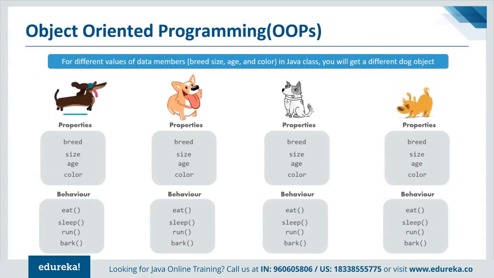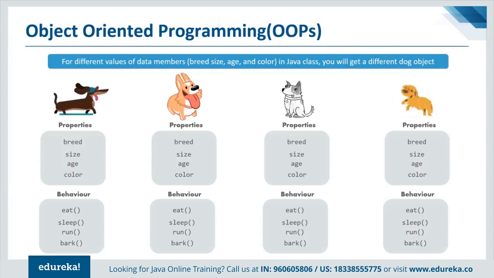So having the object oriented programming approach, we can have different types of objects. Their properties will remain the same, but the values for their properties will change. Now the size, age, color and breed for all the different dog objects are going to change, right? Even when I talk about employees in a company, let's say plumber, electrician, carpenter, HR, software engineer, the different employees have the same details: their employee ID, name, age, phone, but the data for these properties will be different.